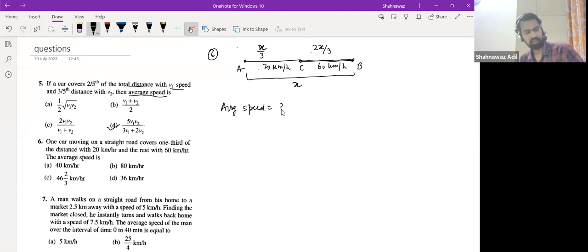Are you guys calculating? The idea is the same idea that we have had so far. Guys, calculate and note it down.